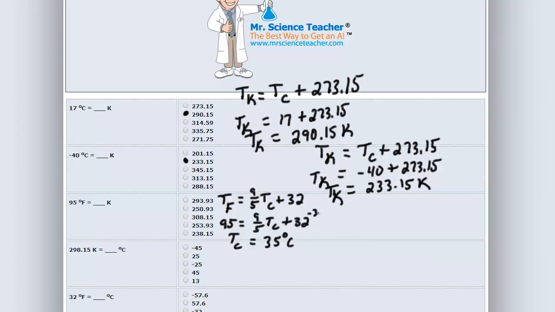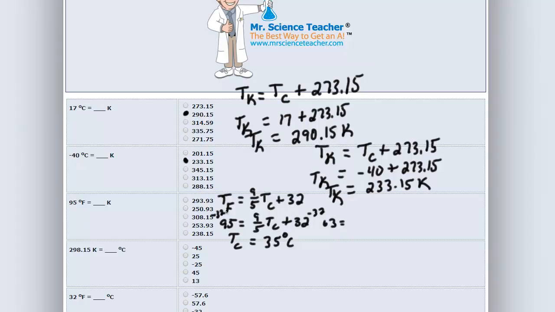See, if we subtract 32 on both sides, then this part goes away, and then we multiply both sides by 5/9. So 95 minus 32, in parentheses, and then multiply by 5/9 on both sides. And then we'll get the temperature in Celsius by itself. I'm just going to do this one time so you can see.